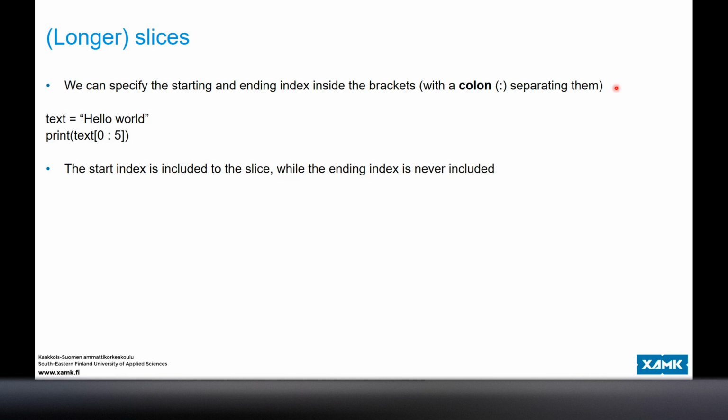If we do that, there needs to be a colon separating them. These two numbers separated by a colon basically mean the starting index and ending index. So let's see what this text from 0 to 5 would mean.